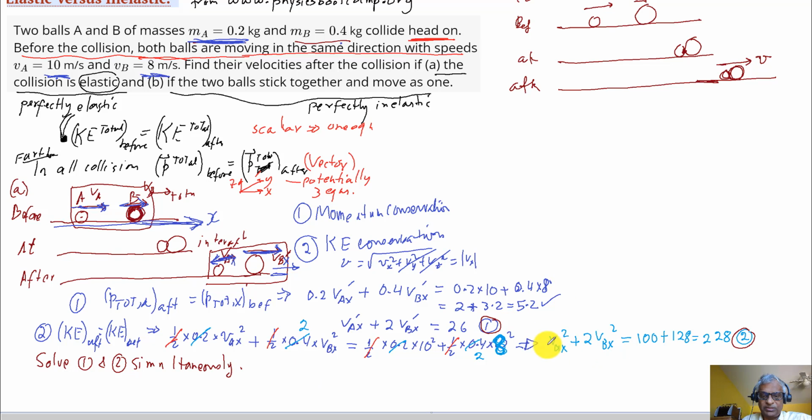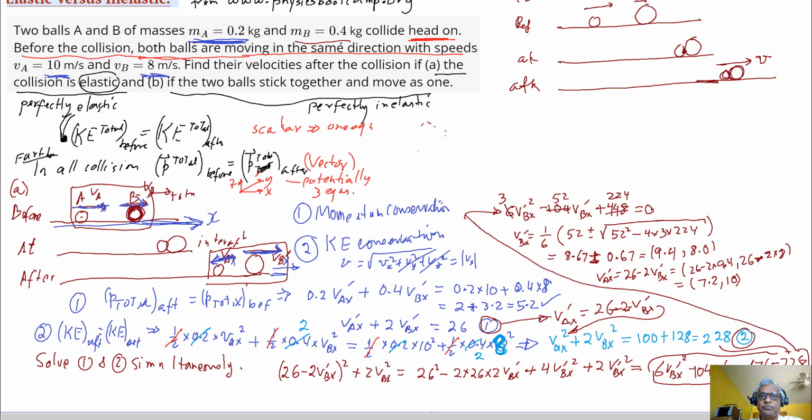This is not linear equations, so it can be done by process of elimination. We can say vax prime equals 26 minus 2 vx prime, and I can try to plug in here and simplify. So you're going to get the equation.